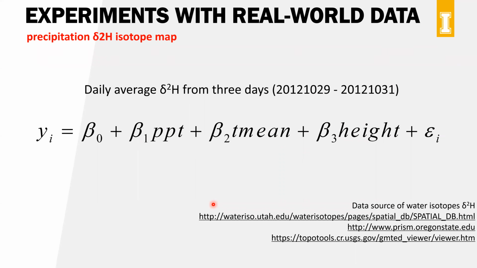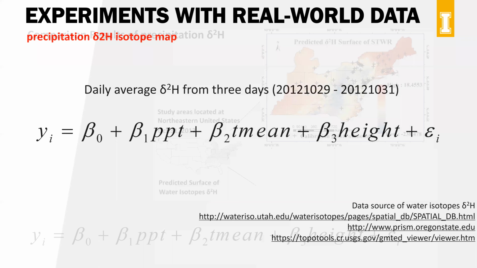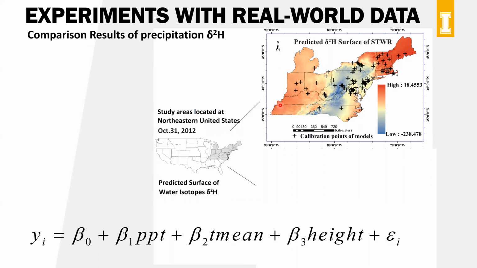Then let's have a look at the real world data. That's the precipitation isotope data, collected from October 29th to October 31st.